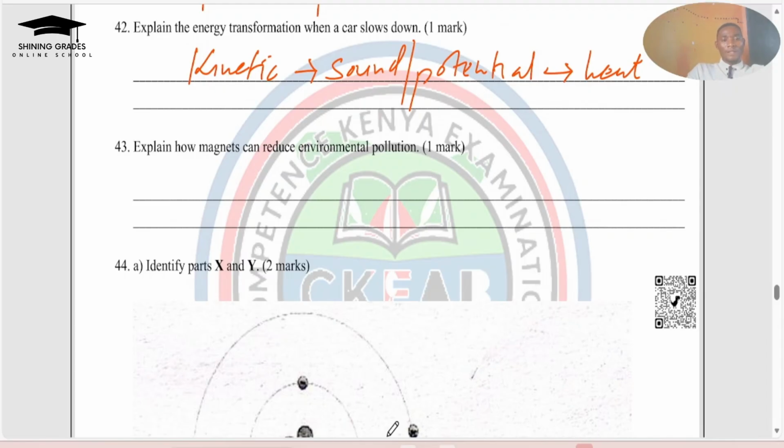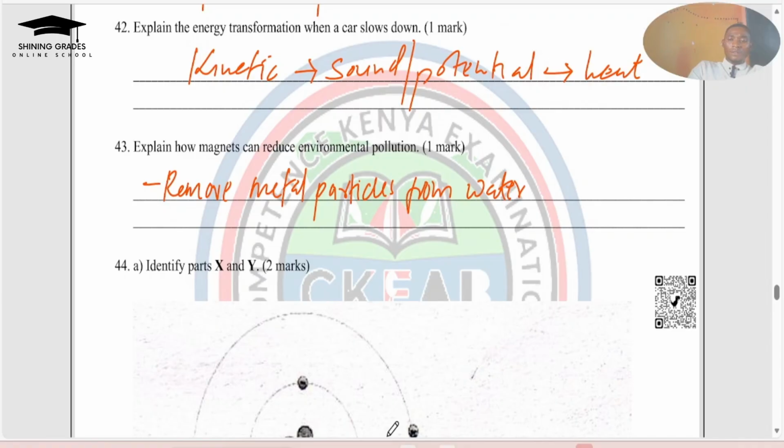Explain how magnets can reduce environmental pollution. Magnets can help to remove metal particles from water.